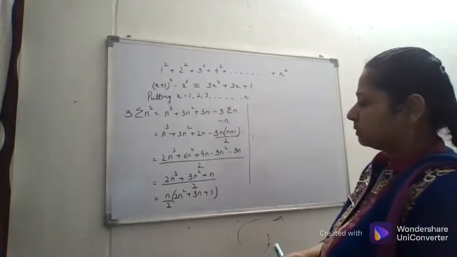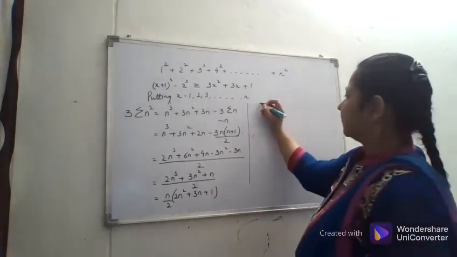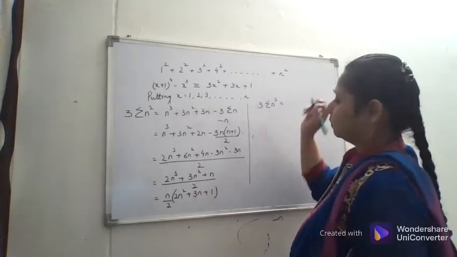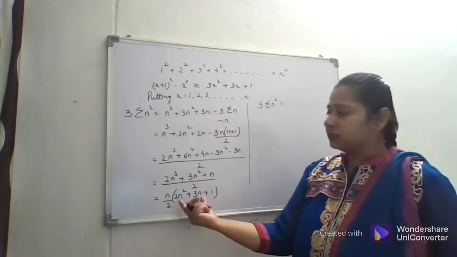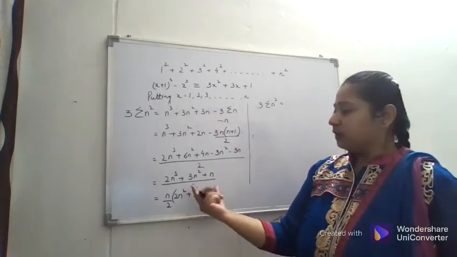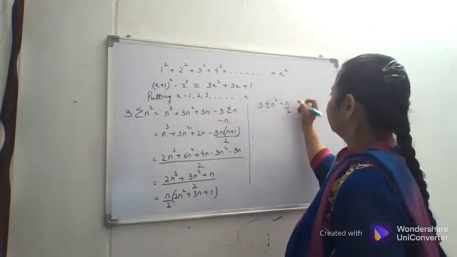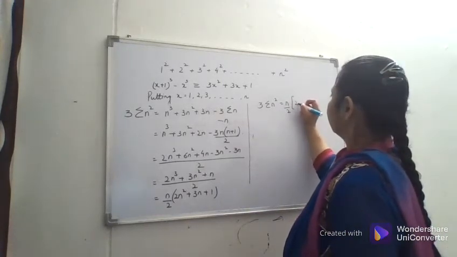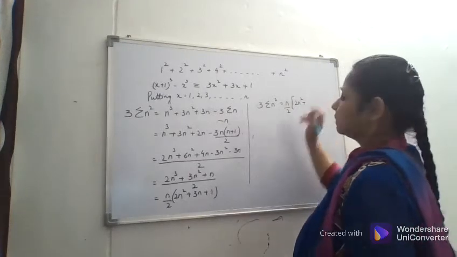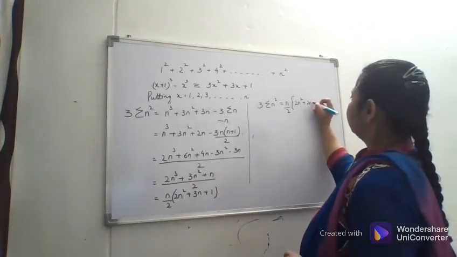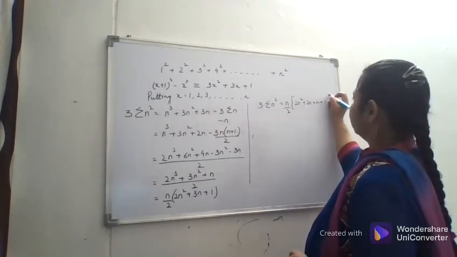Now look at this. When you equate it, we get 3 summation of n square is equal to this. If you look, this is a quadratic equation, and when solving this quadratic equation, we get n by 2 into (2n square plus, splitting this up so that we get factors, 2n plus n plus 1).